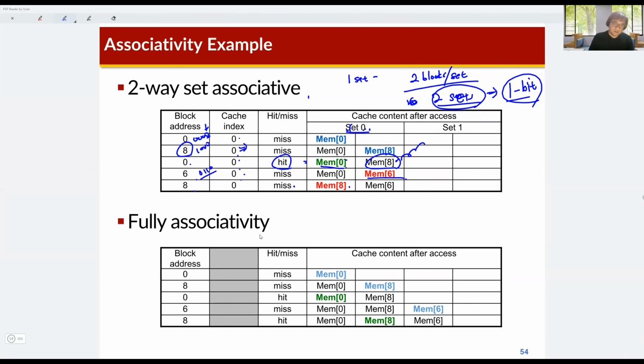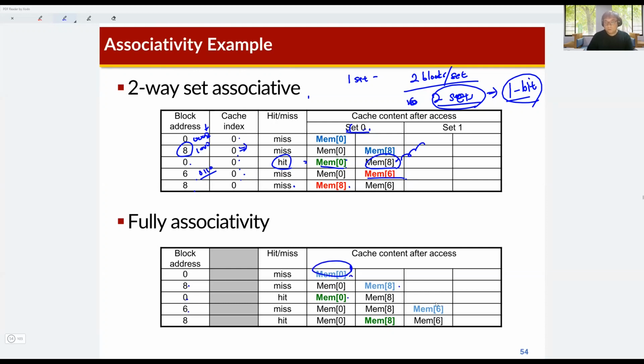And then let's look at the fully associative cache. A fully associative cache has no index field. Block address 0 goes to an empty space. Address 8 is also assigned to an empty space; there are 3 empty entries. 0 is a hit because it's found here.